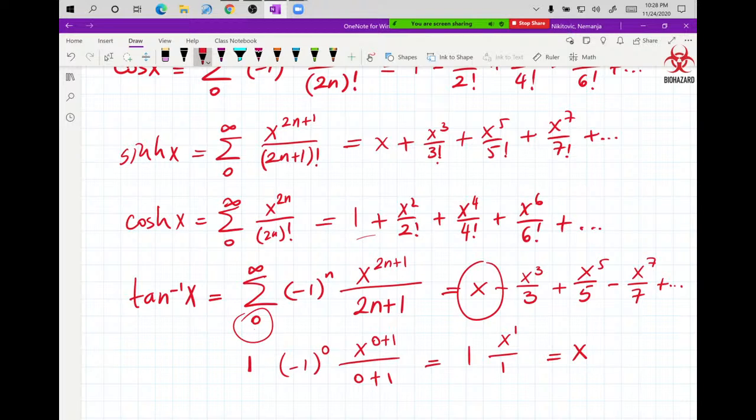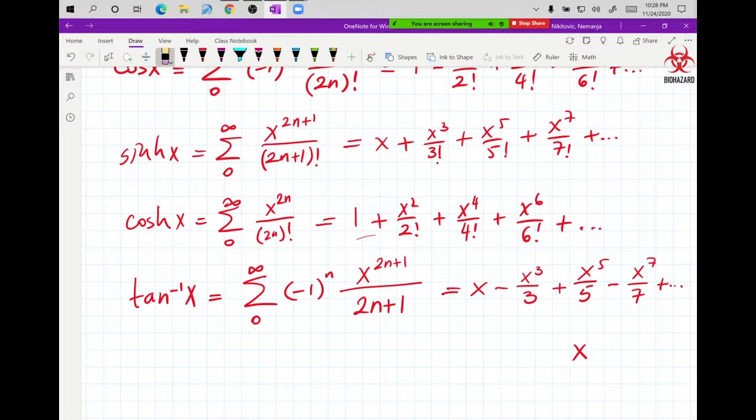When you plug in 1 everywhere, this power becomes 3, and this number becomes 3, and you get your next term. And it's negative because negative 1 to the first power gives you negative 1 to multiply by, which makes the second term negative. And you can keep going like that until you see the pattern.